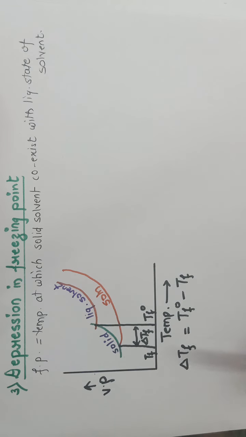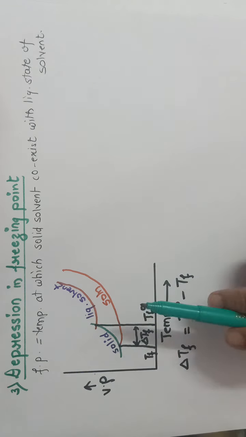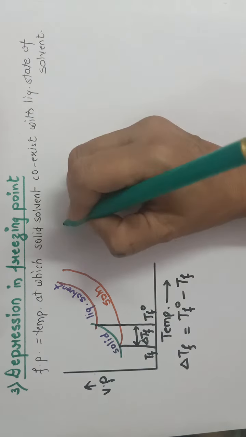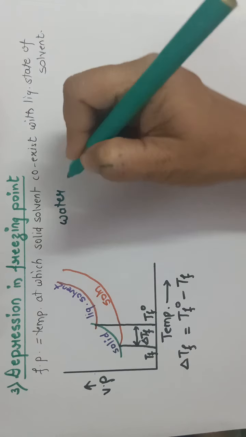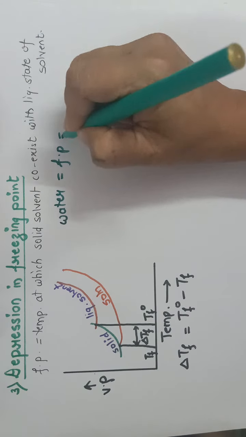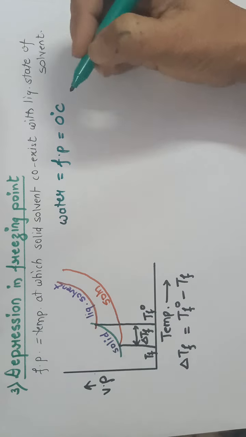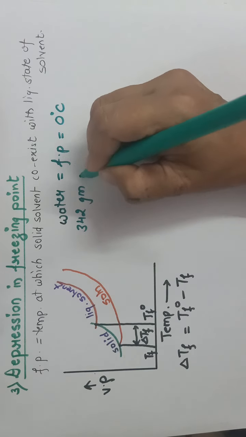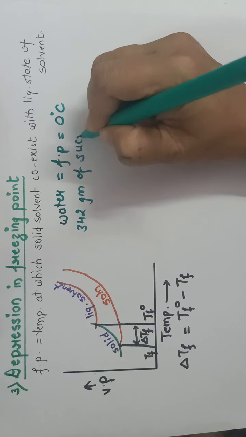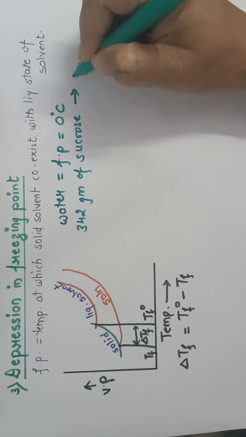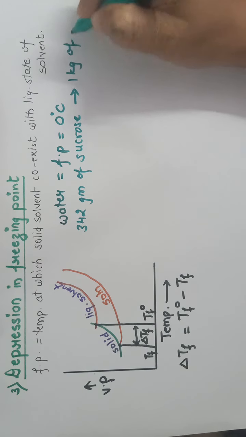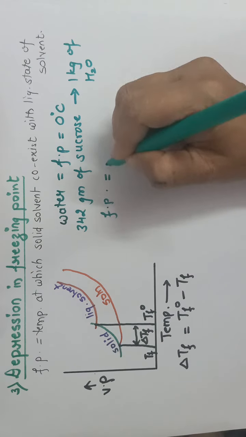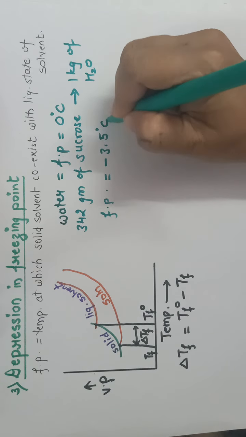I will give you the example of depression in freezing point. What we have discussed, that when we add a non-volatile solute to the solvent, its freezing point decreases. For example, all of you know that the freezing point of water is 0 degrees Celsius. But when we add 342 gram of sucrose to 1 kilogram of water, the freezing point drops to minus 3.5 degrees Celsius.